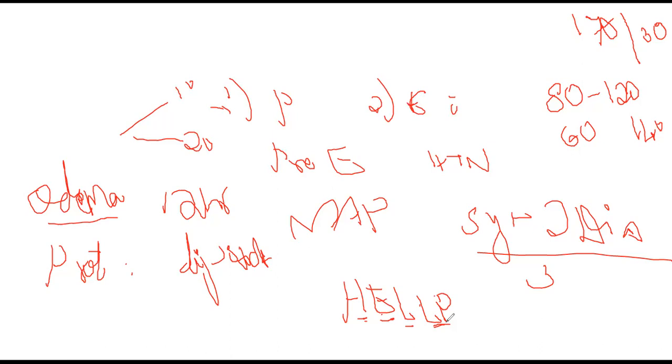Eclampsia is preeclampsia complicated with convulsions and coma. It is a condition which complicates the pre-eclamptic state with convulsion or coma. That is eclampsia. And what are the clinical manifestations?